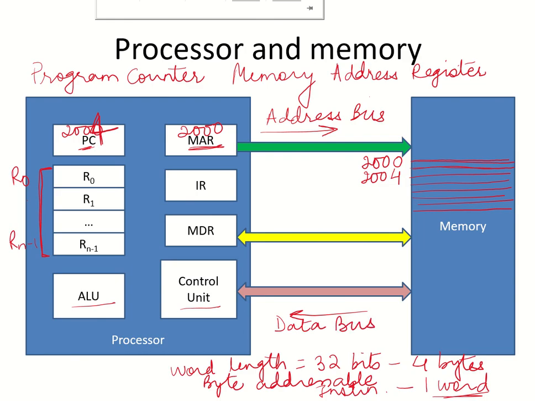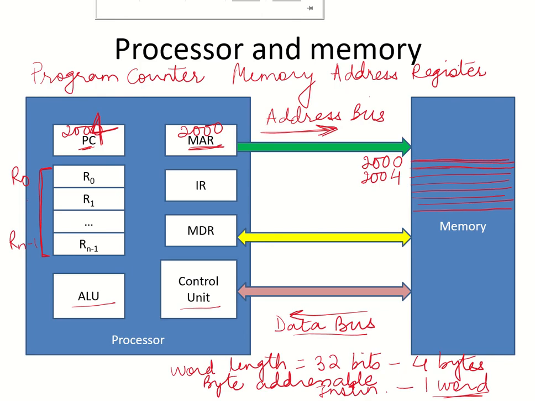Now you can see that the address bus is unidirectional because it can carry address information only from the processor to the memory. The data bus is bidirectional because data can transfer from the processor to the memory and from the memory to the processor also.